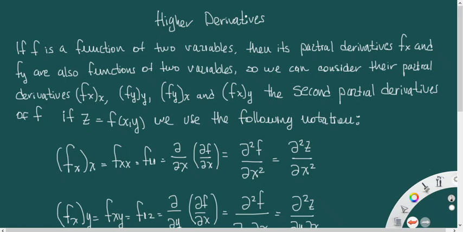Now let's do a brief explanation. Once you are confident with the partial derivatives, the next level is the higher order derivatives.